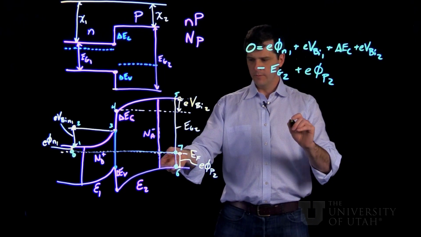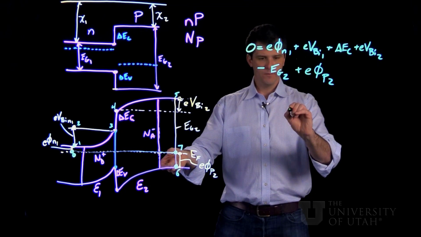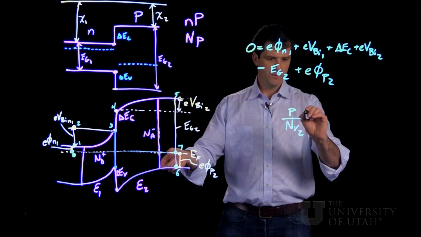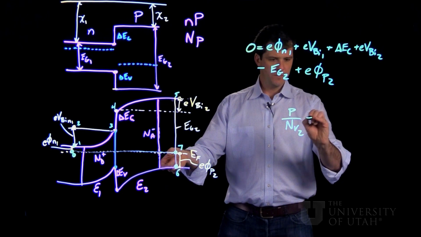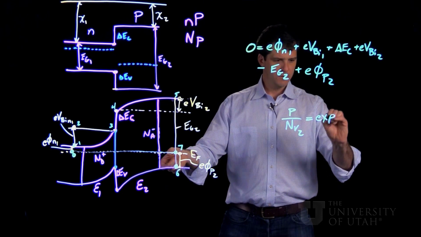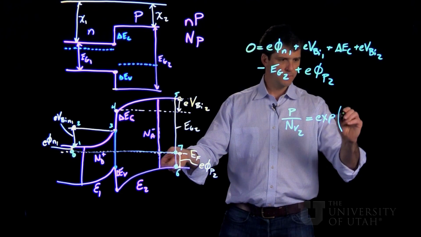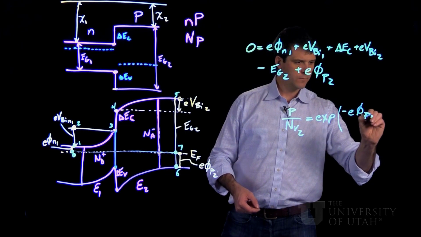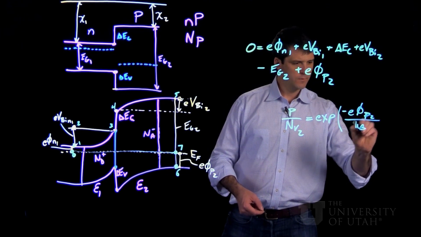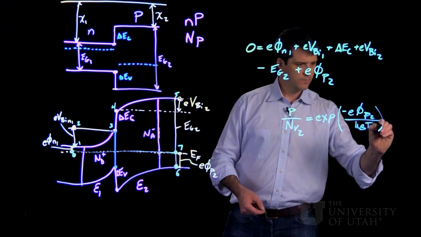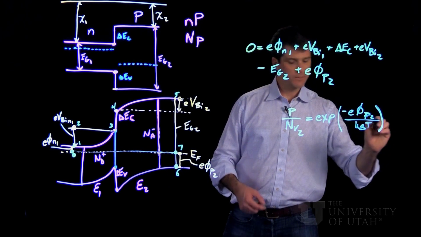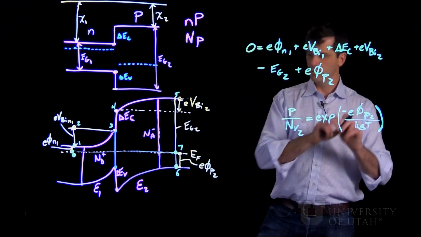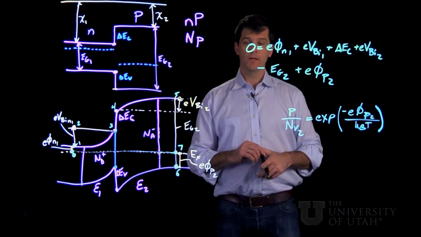Well, we can get this here from p over N V2 has got to equal exponential to the minus E phi p2 over k B T. So we're using our equations that we originally used for the carrier densities to turn those into distances on the band diagram.